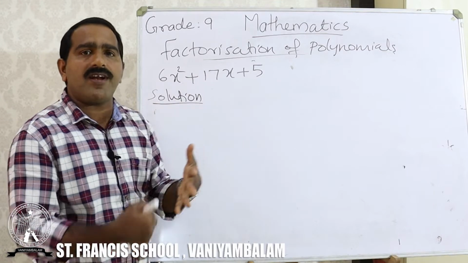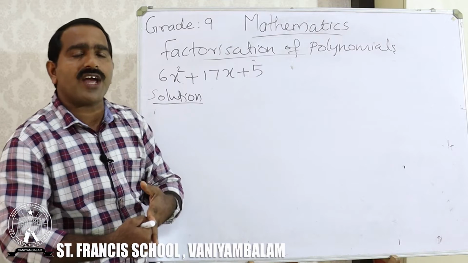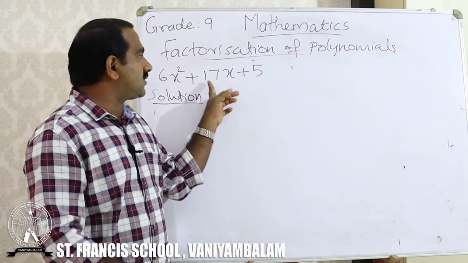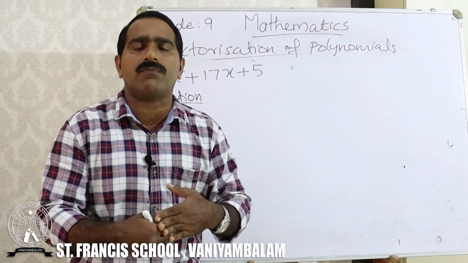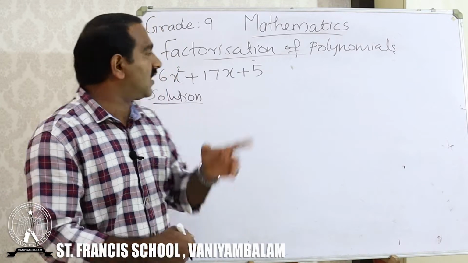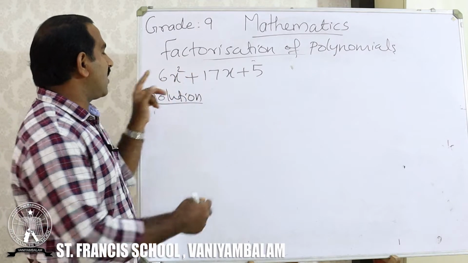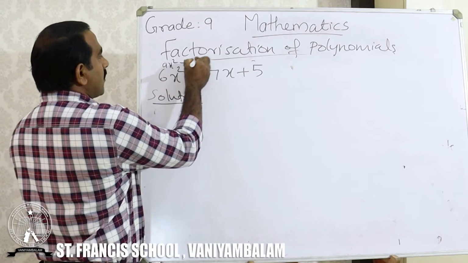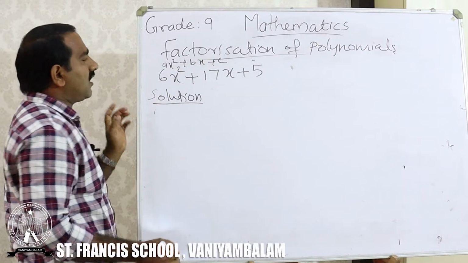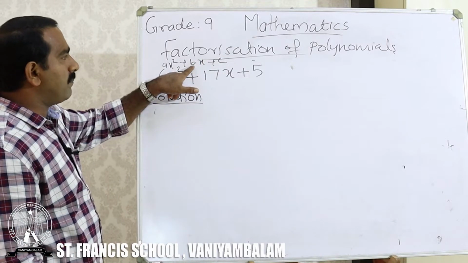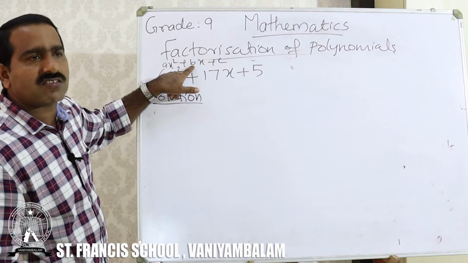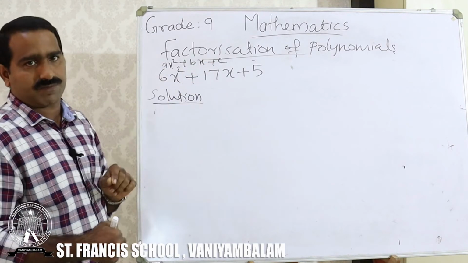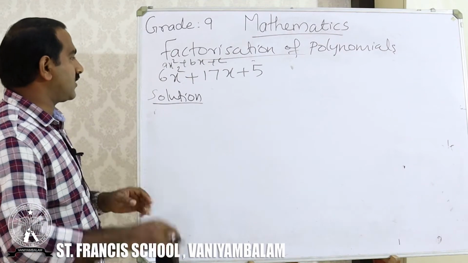So splitting the middle term, we have to write the middle term as the sum of two numbers whose product is AC. Compare this with the general equation ax square plus bx plus c, and we write b as the sum of two numbers whose product is AC.